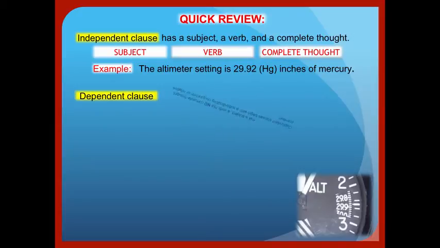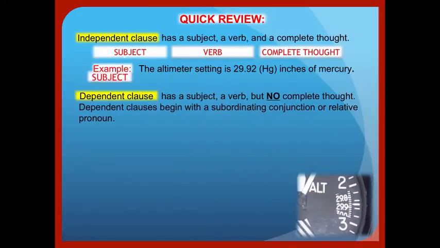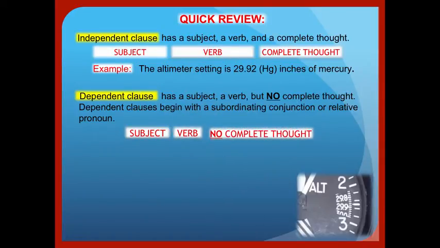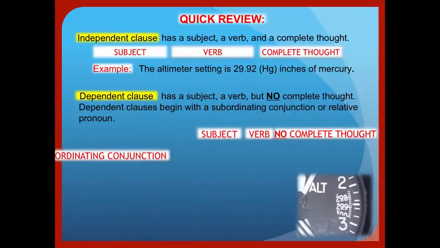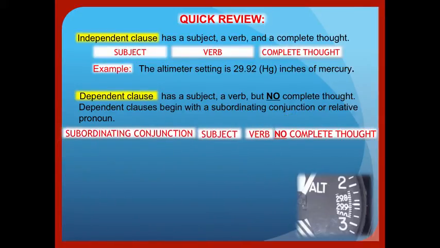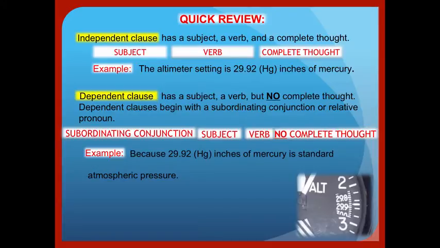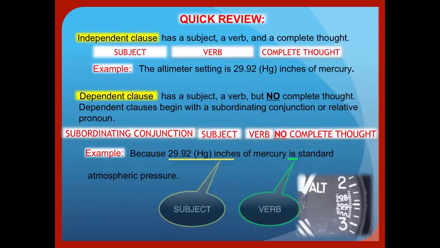A dependent clause also has a subject and a verb, but it does not have a complete thought. There is no complete thought because a dependent clause begins with a subordinating conjunction or relative pronoun. For an example, the sentence, because 29.9 inches of mercury is standard atmospheric pressure, has a subject and a verb.